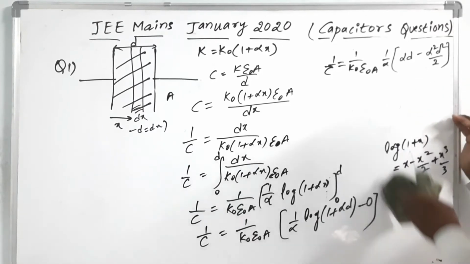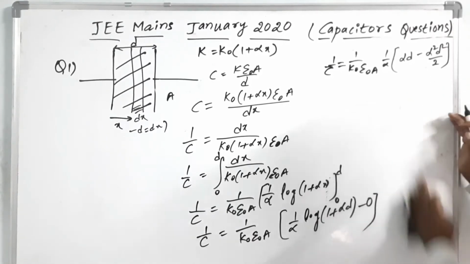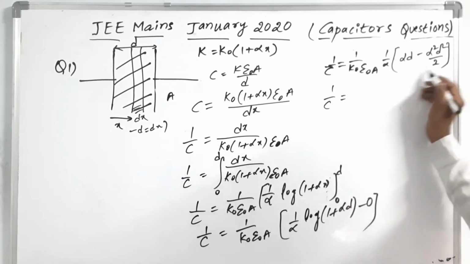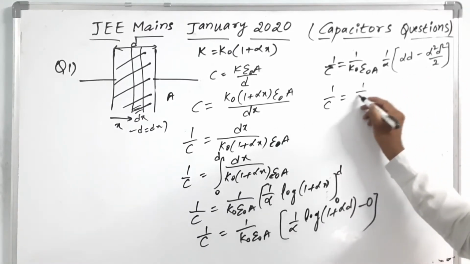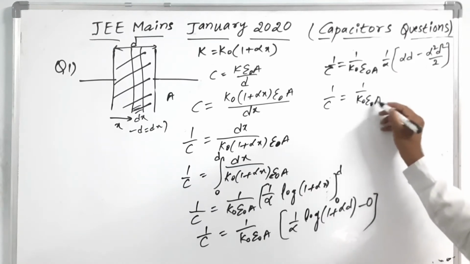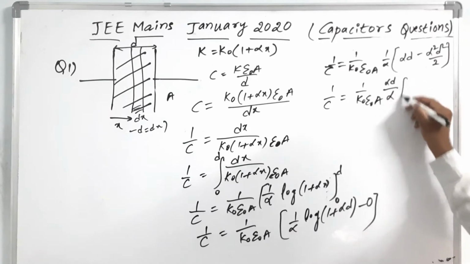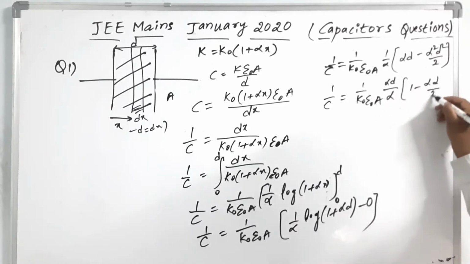Next step I am discussing. 1 by C is equal to 1 by K naught epsilon naught A into alpha d, taking alpha d common, so 1 minus alpha d by 2.